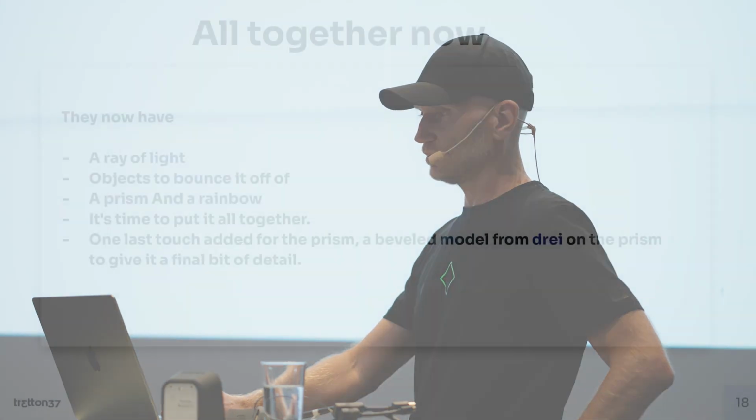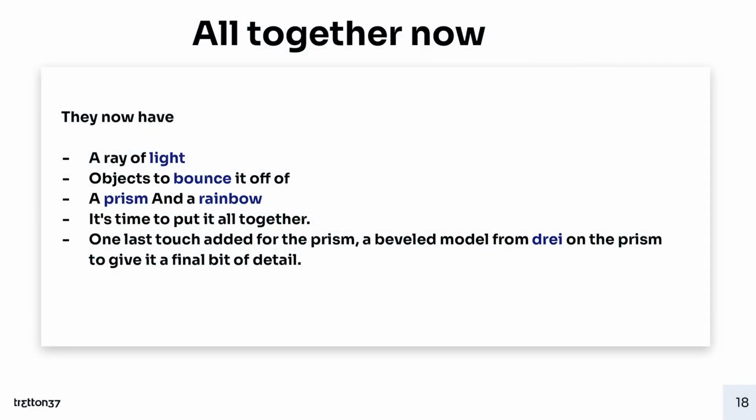These are packages that you can use that are there, but you need to know how to use them. But of course, they know. So all together now, we have a ray of light. I have objects to bounce it off, and a prism and a rainbow. So it's time to put everything together.